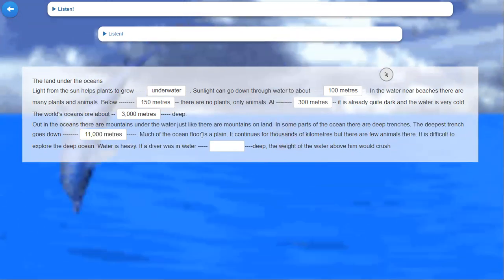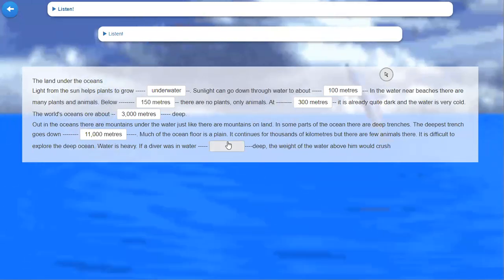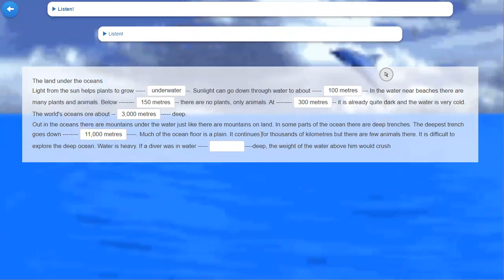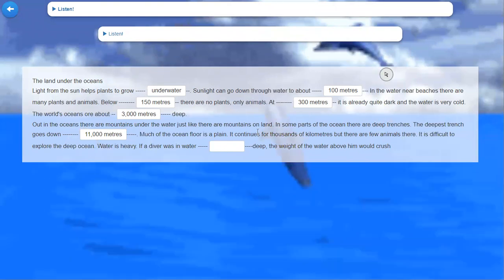Much of the ocean floor is a plain. It continues for thousands of miles.